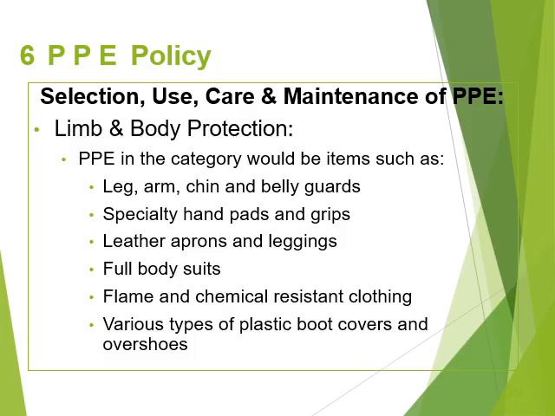PPE in this category would be items such as leg, arm, chin, and belly guards, special hand pads and grips, leather aprons and leggings, full body suits, flame and chemical resistant clothing, various types of plastic boot covers, and overshoes.